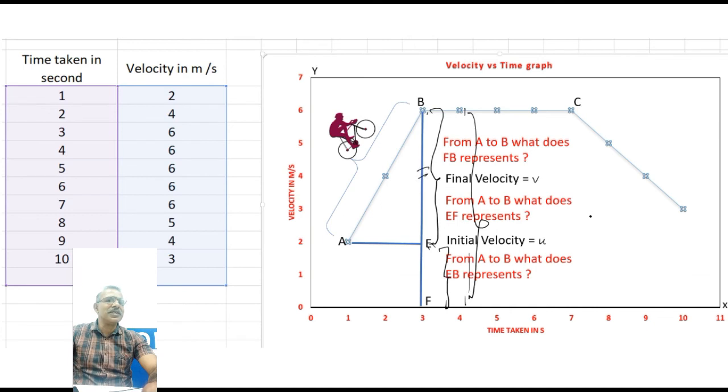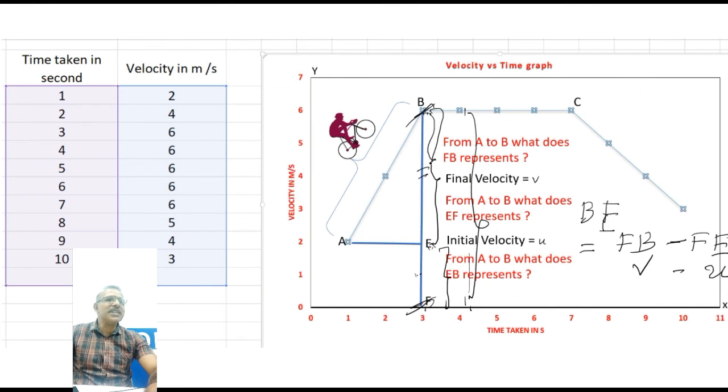Now this is nothing but EB equal to FB, that is FB is from here to here, minus FE. Correct? And what is FE? FE is the initial velocity, and FB is the final velocity.